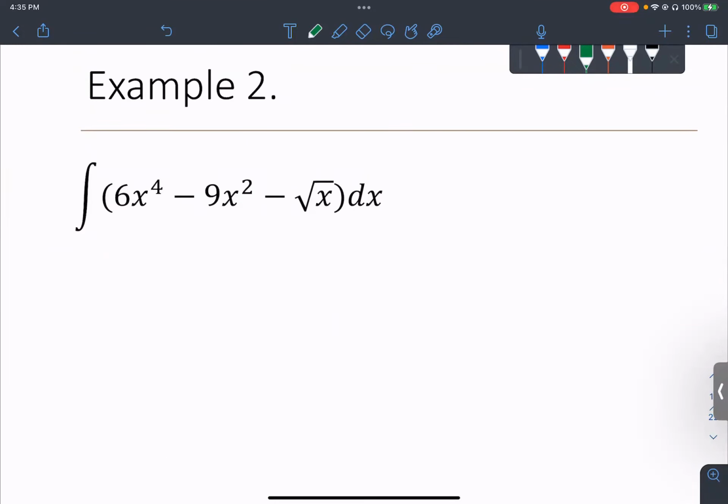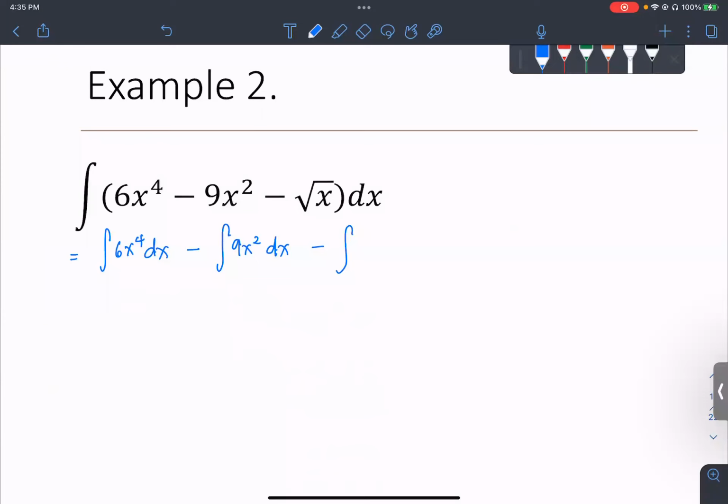We have the integral of 6x to the 4th minus 9x squared minus square root of x dx. So we follow the sum and difference rule. This would be 6x to the 4th dx, then minus the integral of 9x squared dx, then minus.